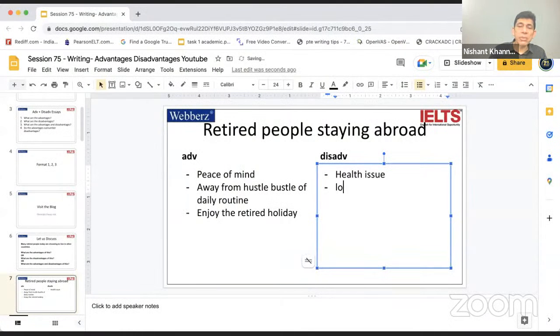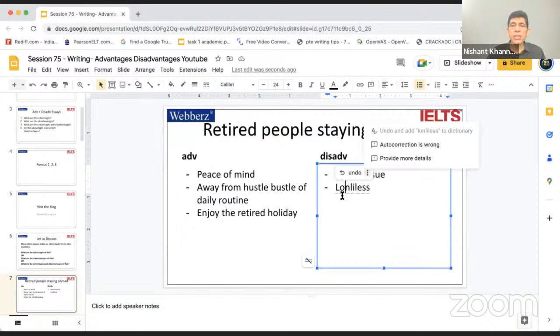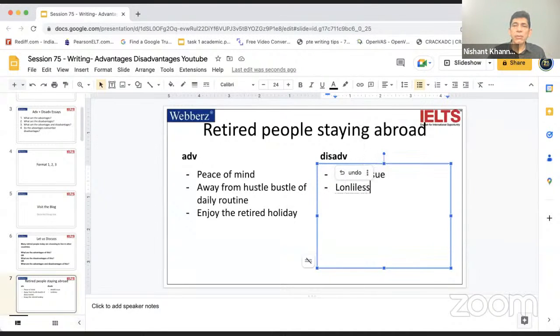Second, there can be loneliness. They can feel extremely lonely when they come there, because they don't have the children. So health issue and loneliness are two disadvantages here.